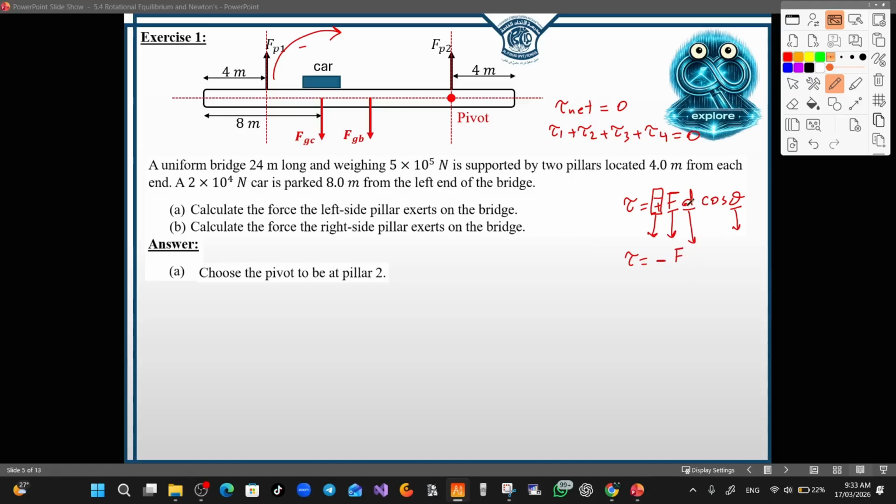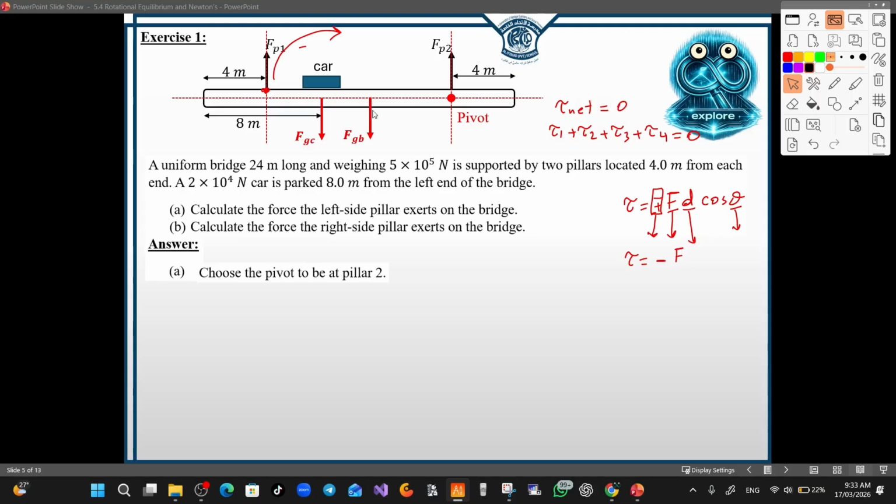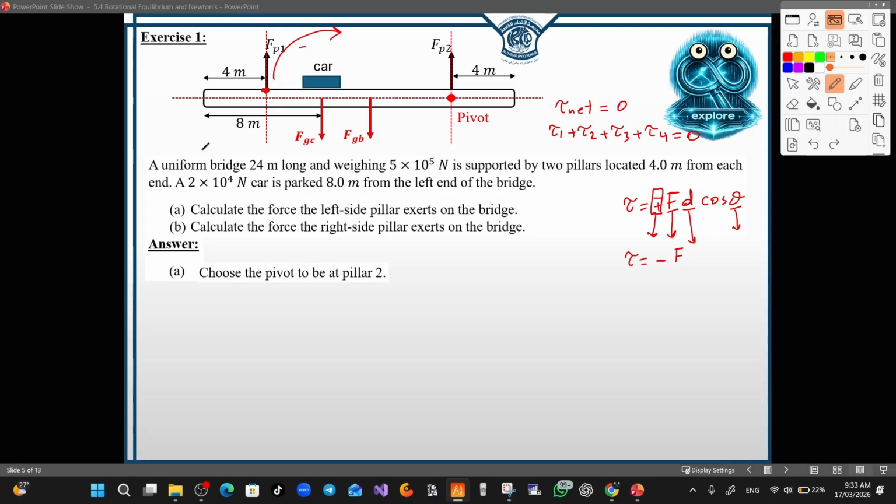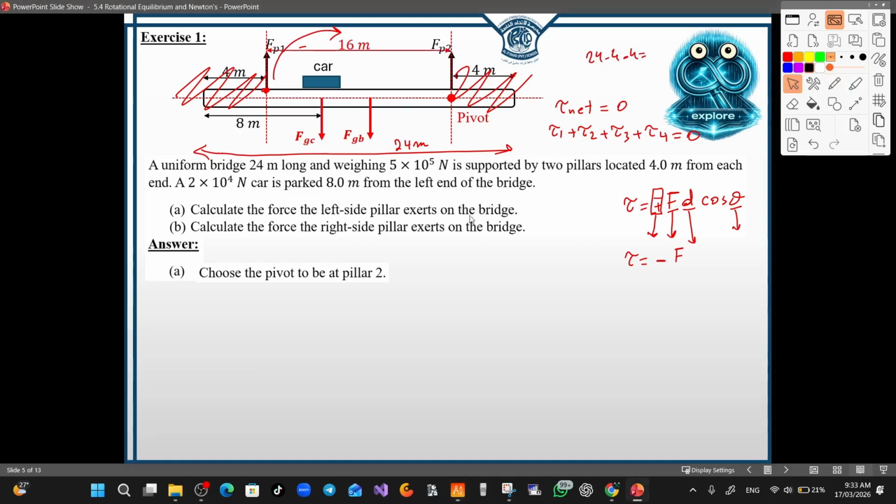The distance is defined to be the distance between the point of application of the force and the pivot. And here, the distance should be calculated as follows. We know that the total length of the bridge is 24 meters. Now, if we remove 4 meters from both sides, so 24 minus 4 minus 4, the distance will be 16 meters.